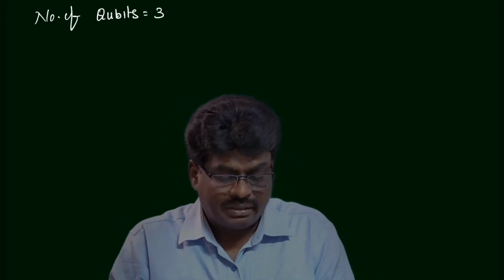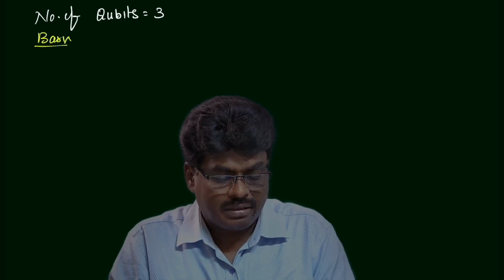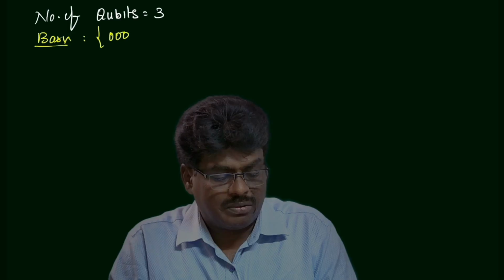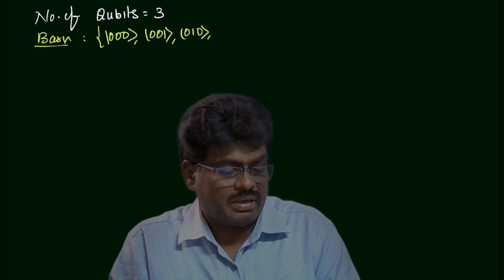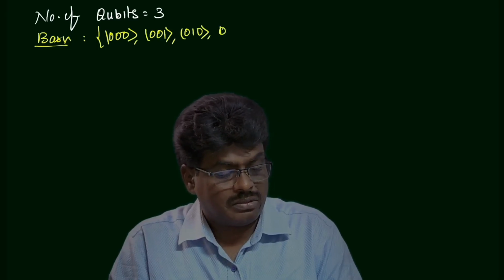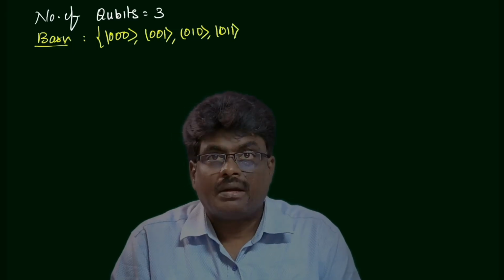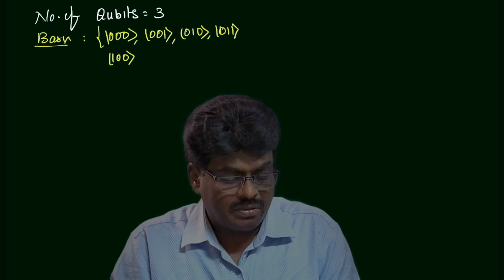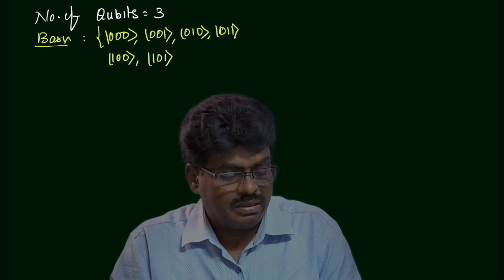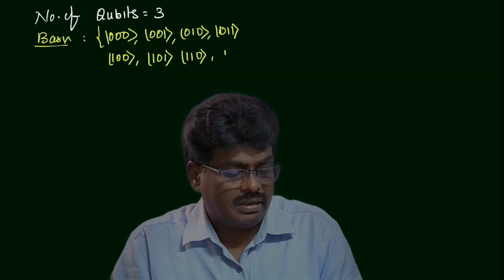Like this, if I take another example, let me take the number of qubits as a 3. If you have 3 number of qubits, then base states we have 0 0 0, 0 0 1, let me write, and 0 1 0 and 0 1 1, and the next 1 0 0, 1 0 1, 1 1 0, and next 1 1 1.